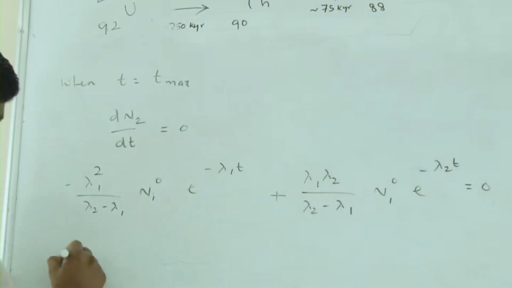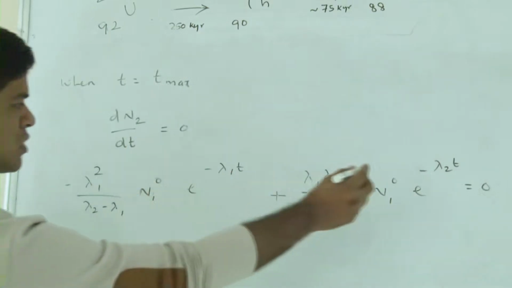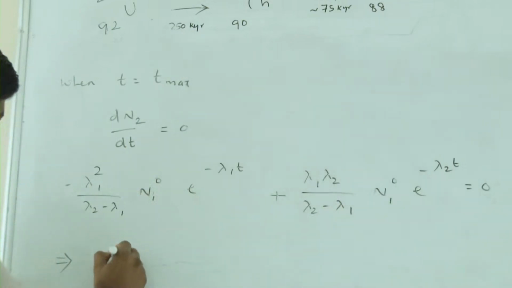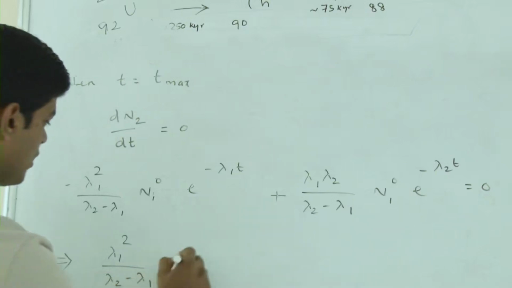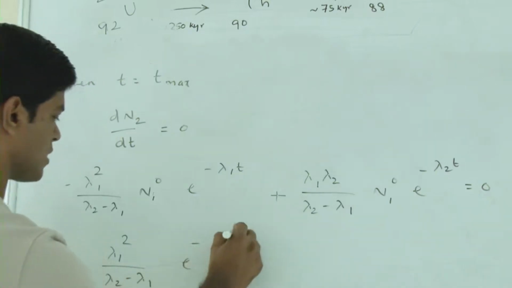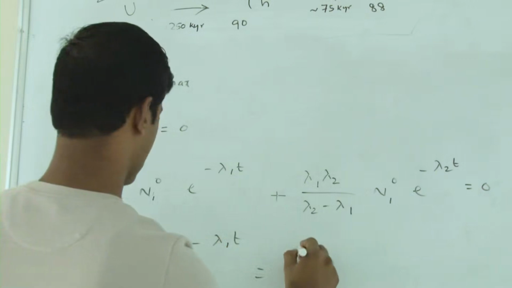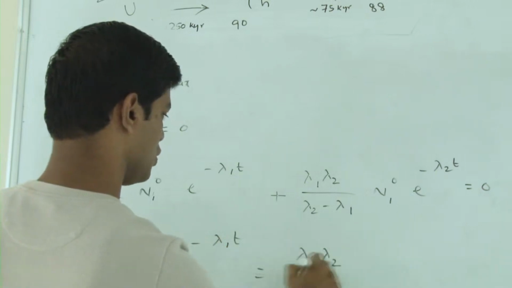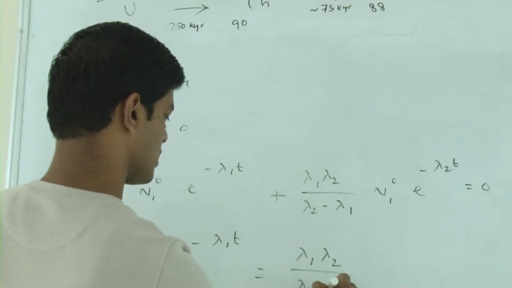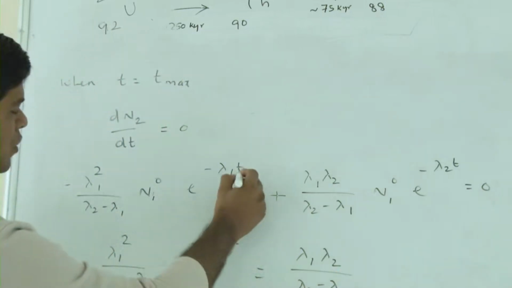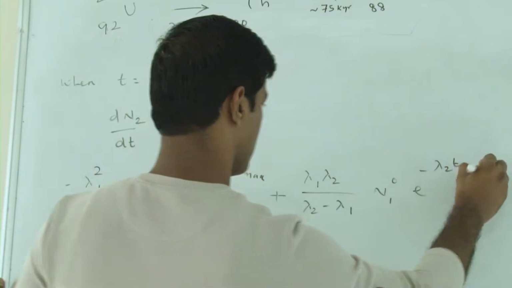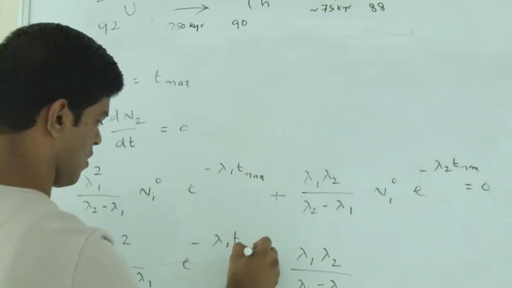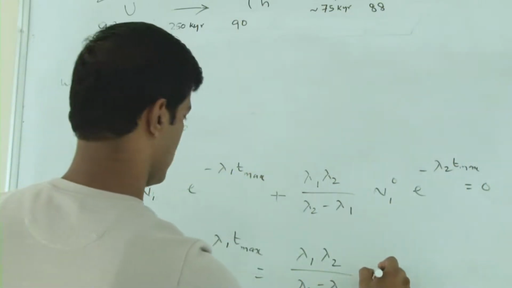If you arrange it a bit, n 1 0 cancels out. So, basically lambda 1 square e to the power minus lambda 1 t will be equal to lambda 2 square e to the power minus lambda 2 t. Instead of t we can directly write T max, and n 1 we have removed.